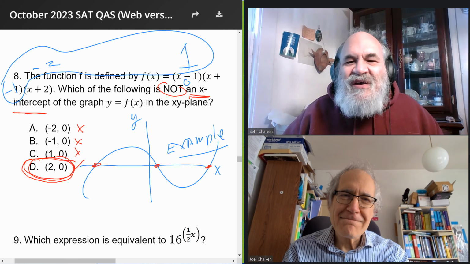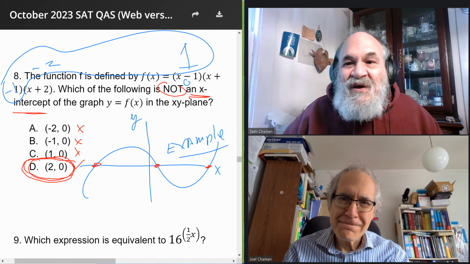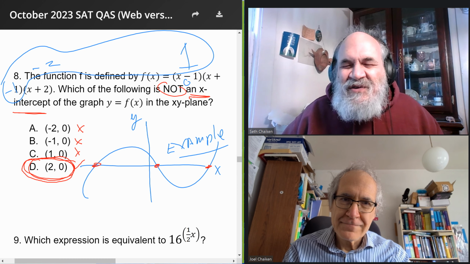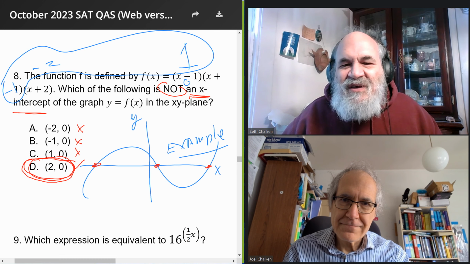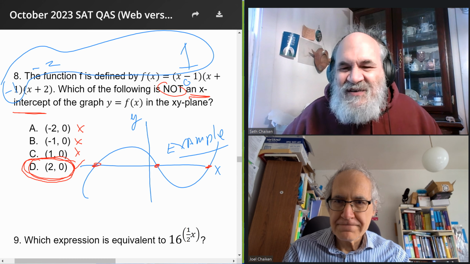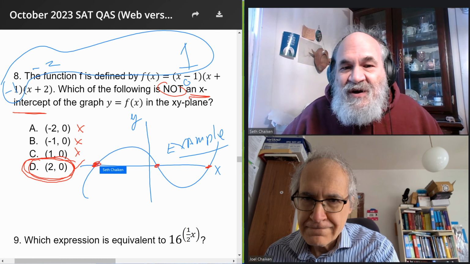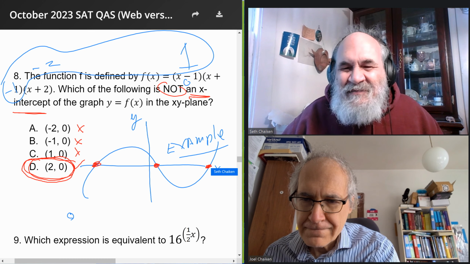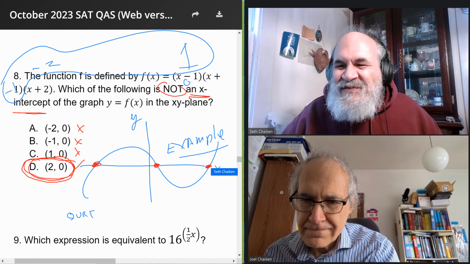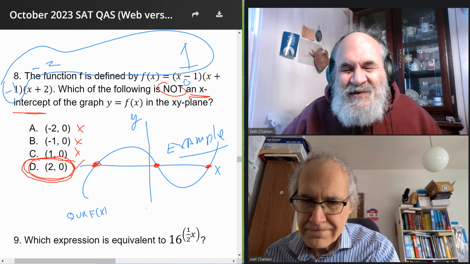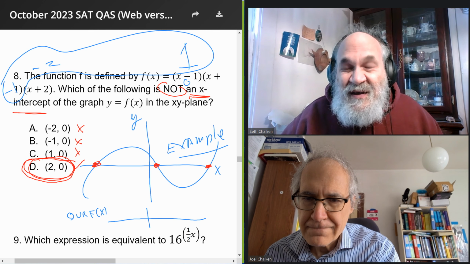But it's really the kind of thing where you have to understand the situation. The curve will sometimes cross the x-axis, sometimes touch the x-axis. And the points where the curve meets the x-axis are certain kinds of points. Number 1, they are on the x-axis.